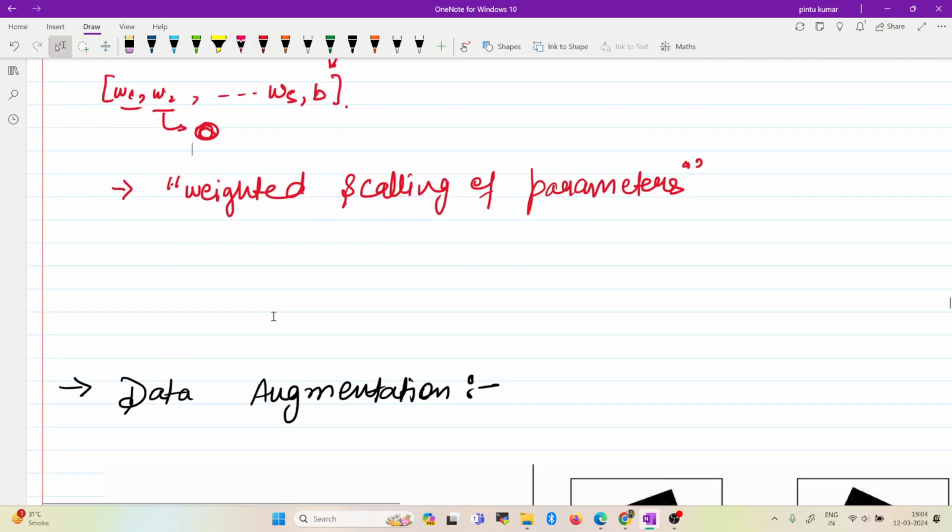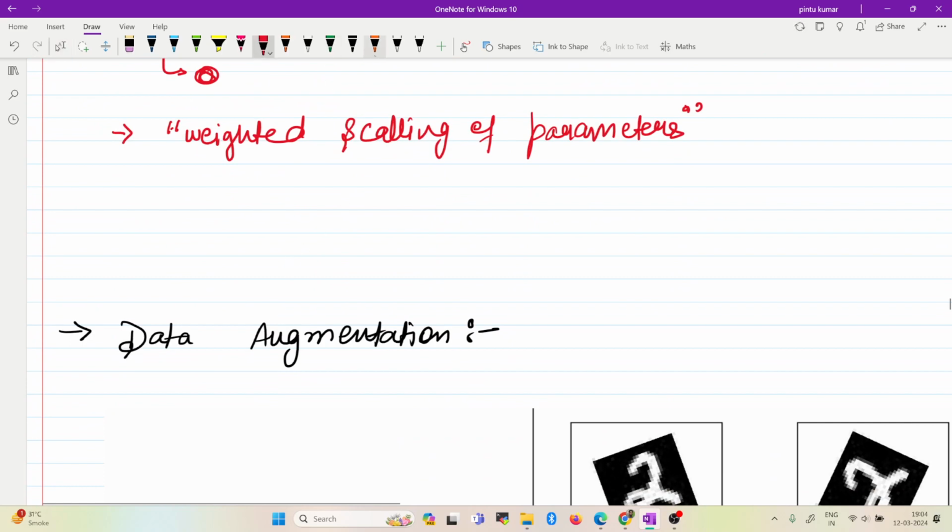Now, when you use L1 or L2 regularization, it does a weighted scaling of parameters. What does this mean?